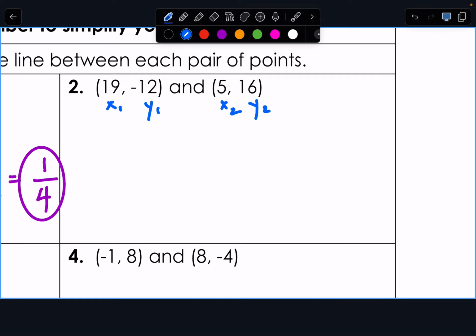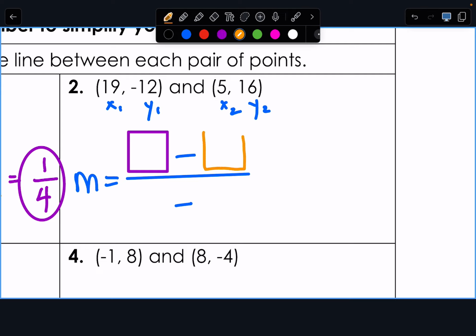And what I want you to do, please do not solve it, but I would like you to figure out what number goes in this box. What number goes in this box? What number goes here? And what number goes here? Okay, so I want you to figure out which number goes where. Don't solve it out yet.